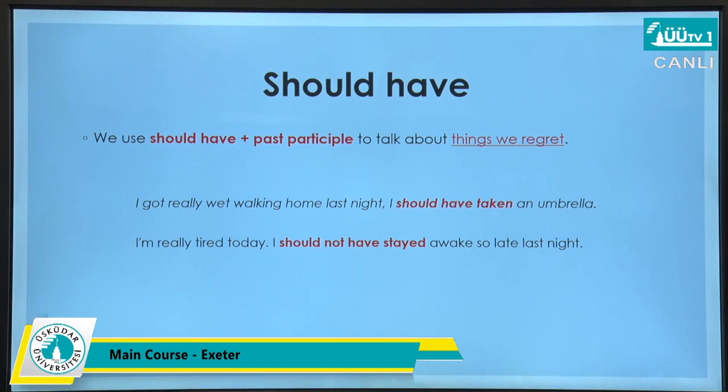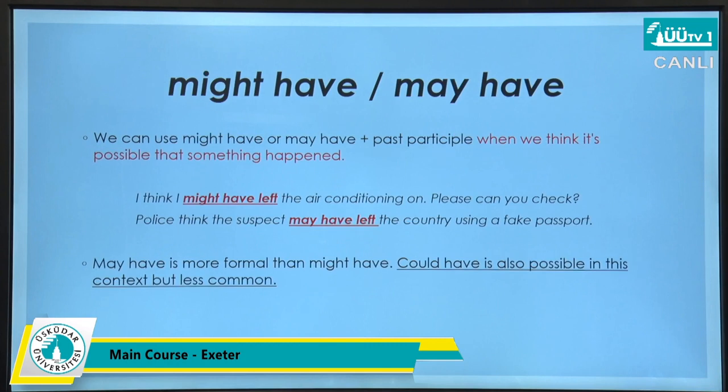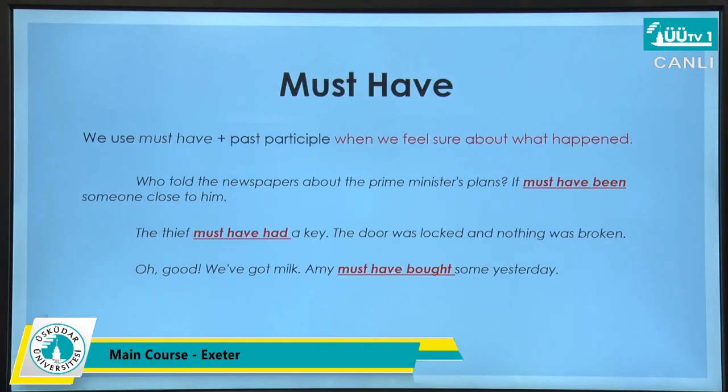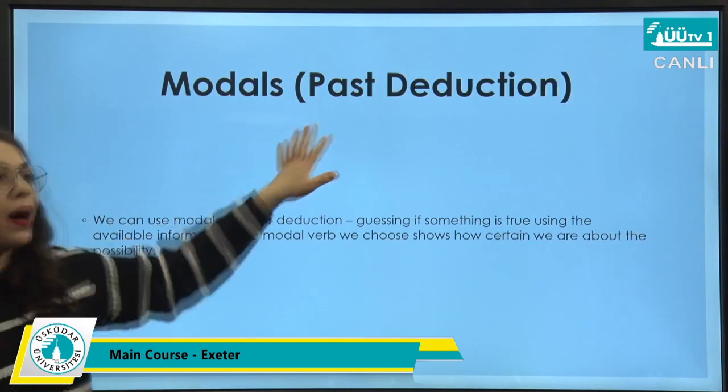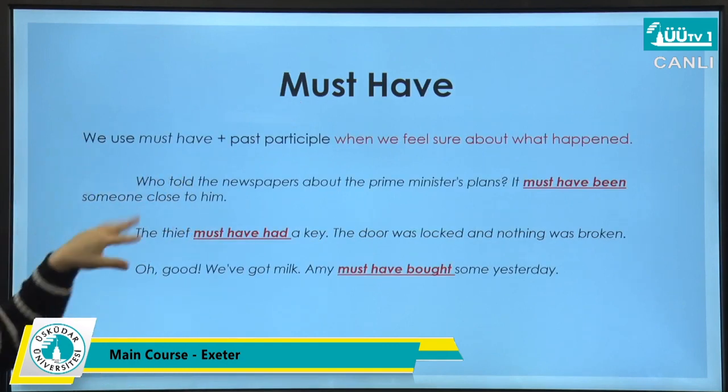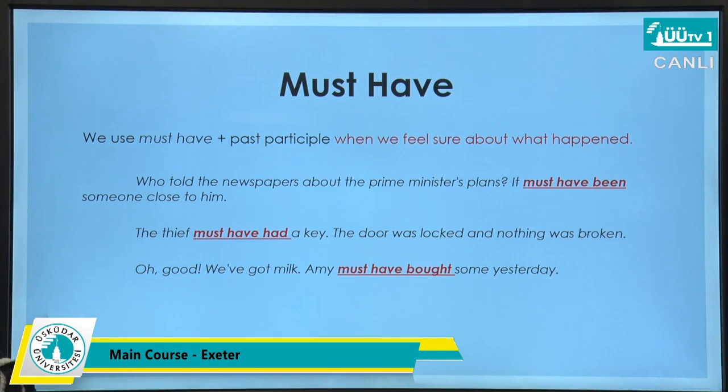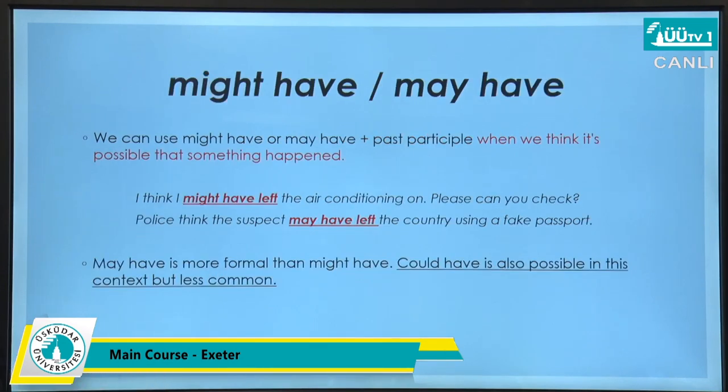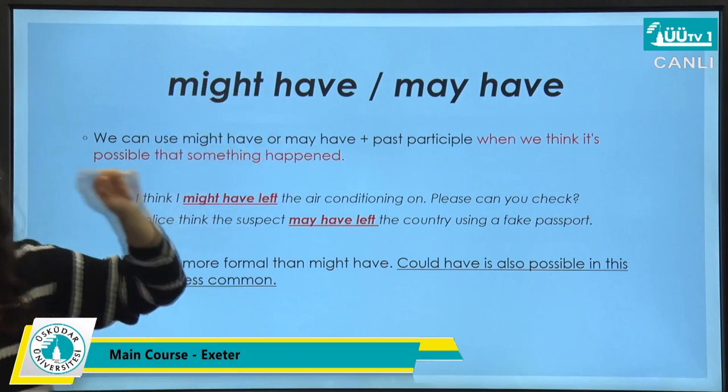So let's just check them one more time. When you're talking about past deductions, past guessing, you use must have when you're so sure that something had happened, with verb 3. Always use verb 3. Or when you're 50% sure that something might have happened, something that is possible, then you use might have or may have.